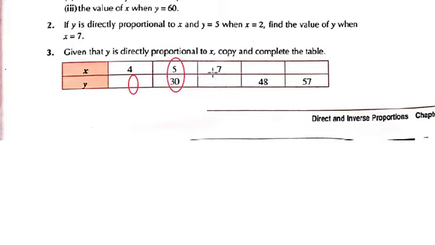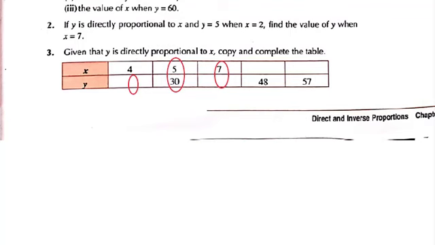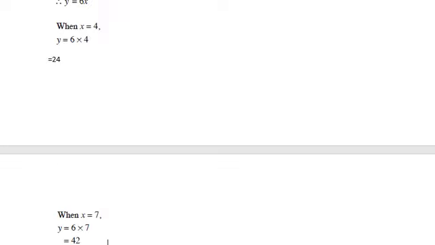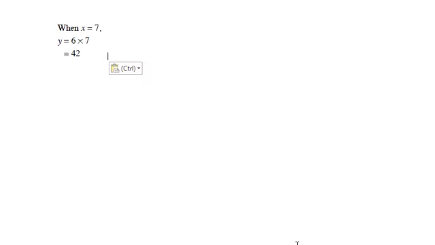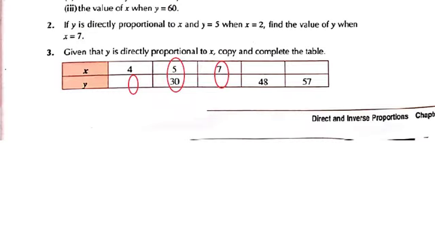Then when x equals 7, you have to find the value of y. You can write the connecting equation y equals 6 multiplied by 7, and you will get 42. And what is the other value?